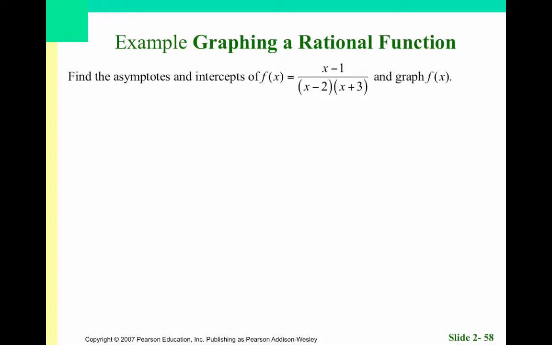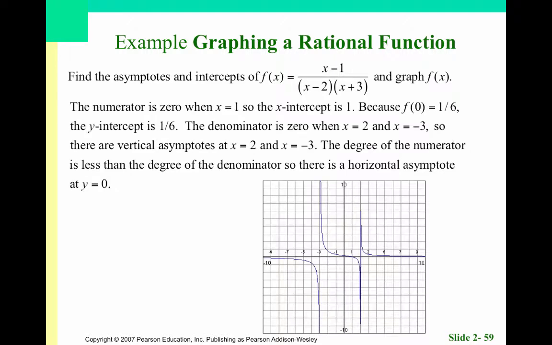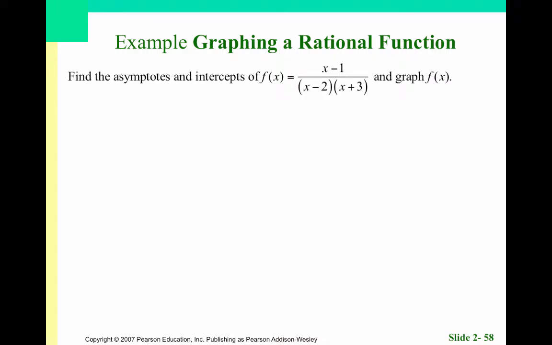Great. I want you to do this one. It wouldn't be a bad idea for you to give it a go on your own. Again, horizontal asymptotes: you're going to simplify. I got x and then I got x squared.